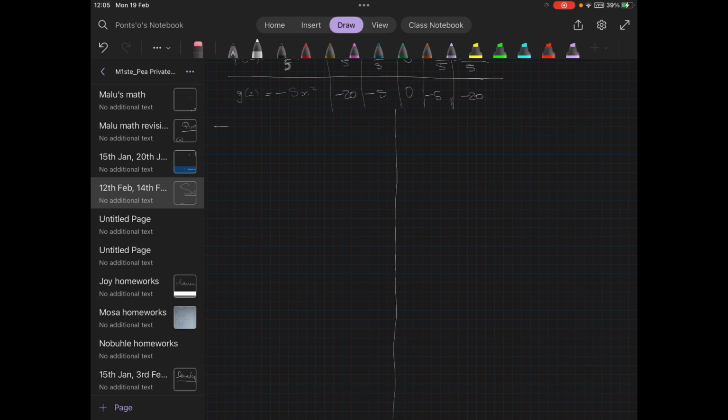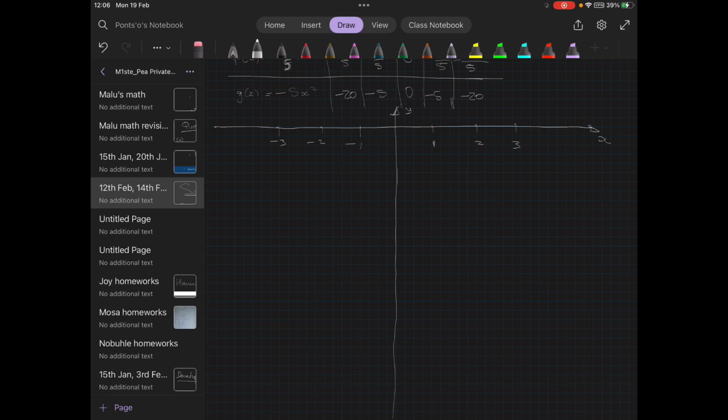Since there won't be any crossing into the positive y axis, we can just draw a graph that looks like that. That's y, that's x. So we'll have 1, negative 2, negative 3, 2, 3.